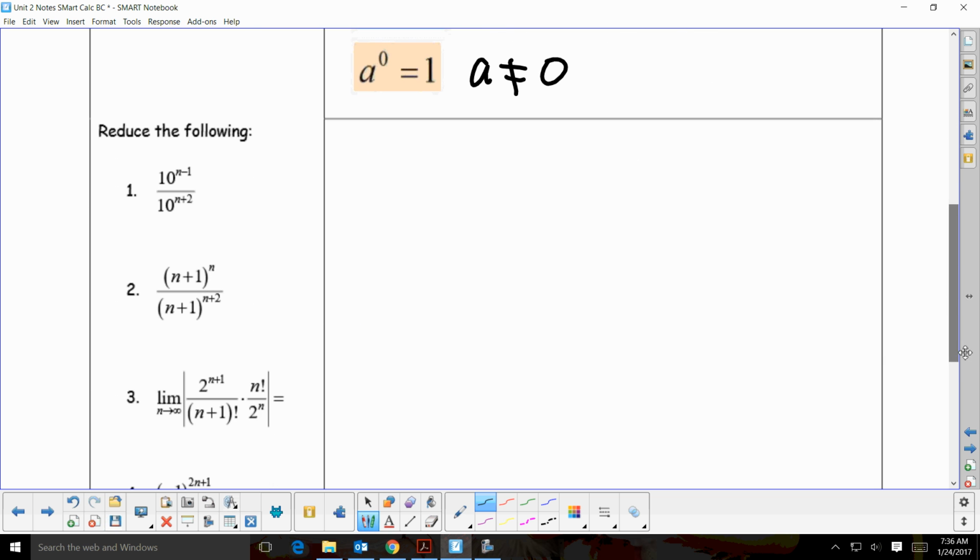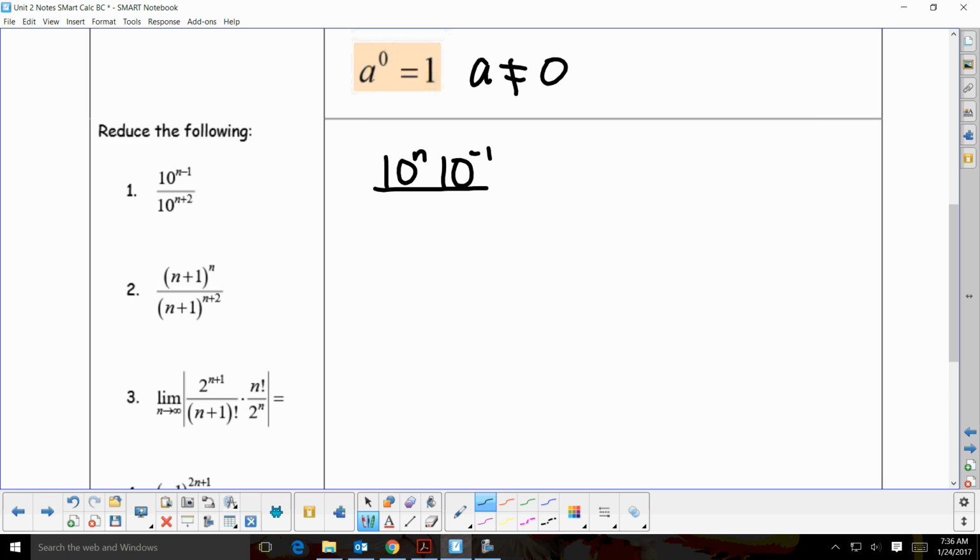Okay, so let's look at the first one. And this is what we're going to see. We're going to have to get these reduced so we can do some things with them. On the first one, I'm going to rewrite that as 10 to the n times 10 to the what? Negative 1. So we're kind of going backwards of the rule.